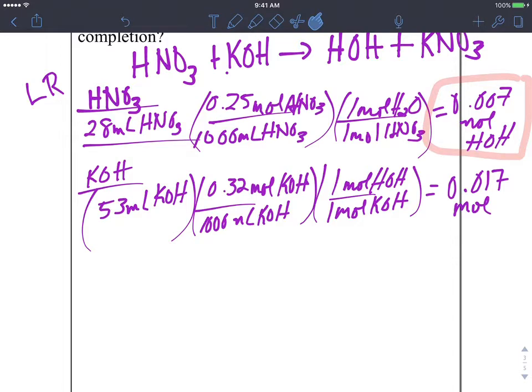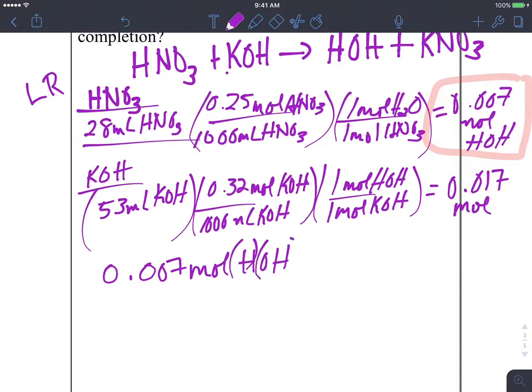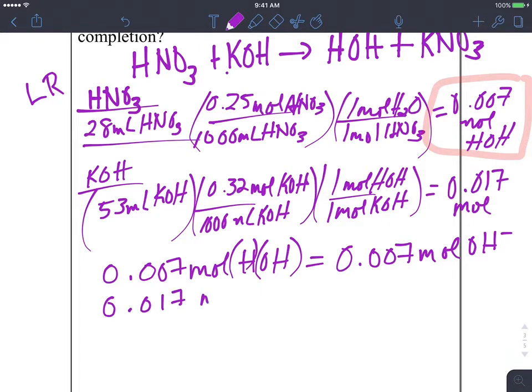When we have 0.007 moles of HOH, remembering that this is really H and OH minus, the amount of moles of OH minus is 0.007 moles. Likewise, had we used all of the KOH, we could have had 0.017 moles of OH minus.